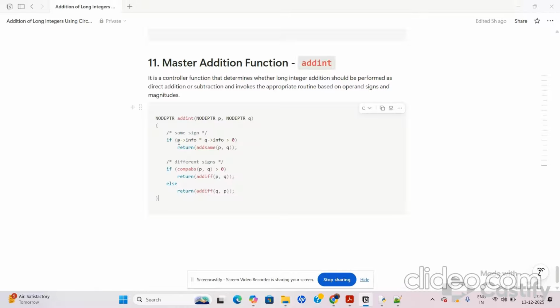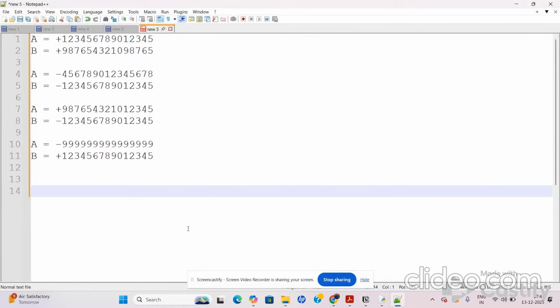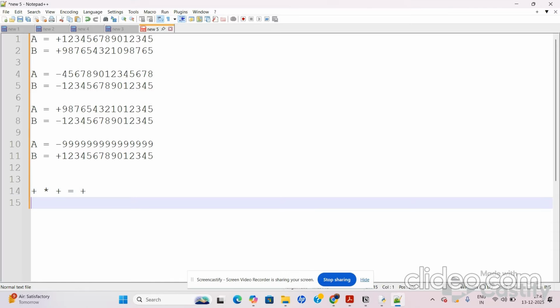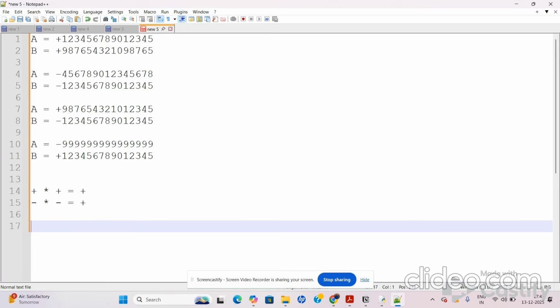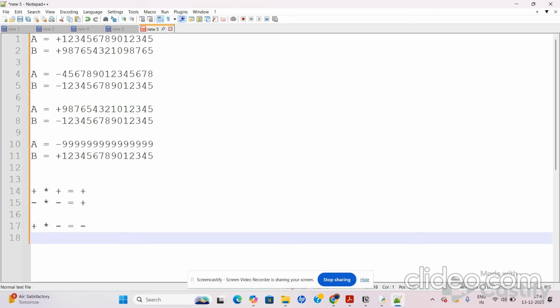So plus multiplied by plus gives you plus, correct? If you multiply minus into minus, you also get plus. The other condition, plus multiplied by minus gives you minus, or minus multiplied by plus gives you minus.